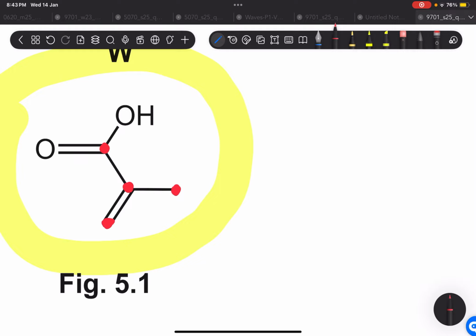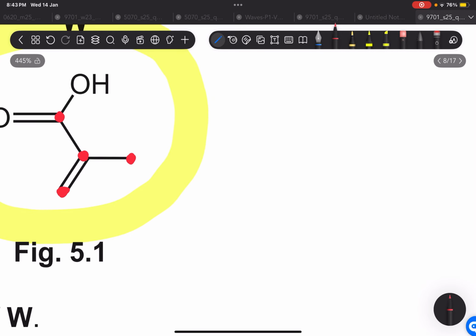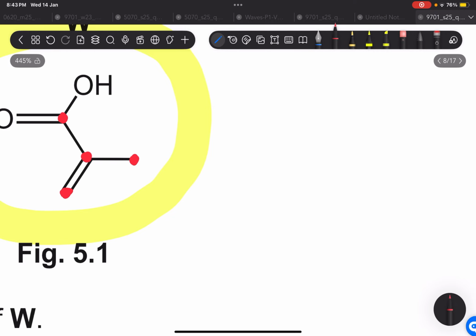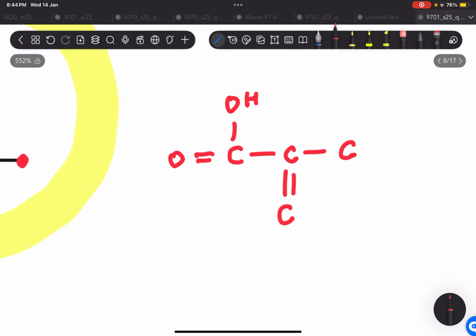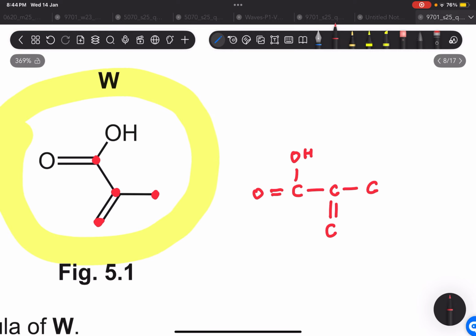If I'm not wrong, that is what I can see. So let me draw it: I have a carbon here that's attached to OH, that's double bonded to an O, and then that's attached to another carbon that is double bonded to another carbon. This carbon right here is bonded to this carbon. I'm trying to draw it the best way I can.